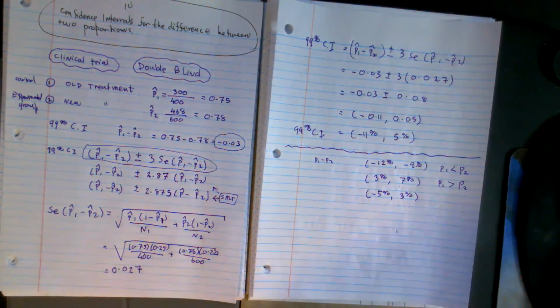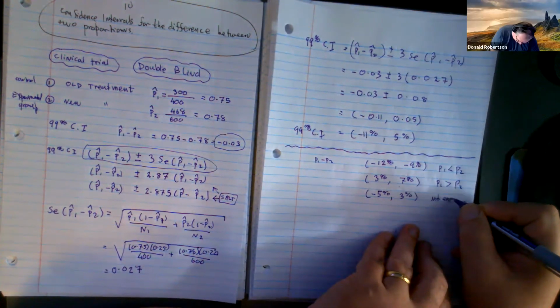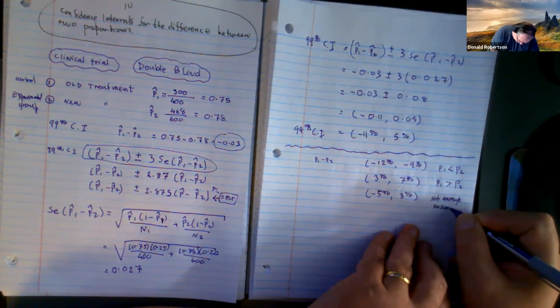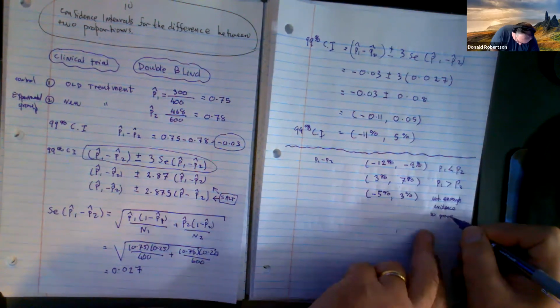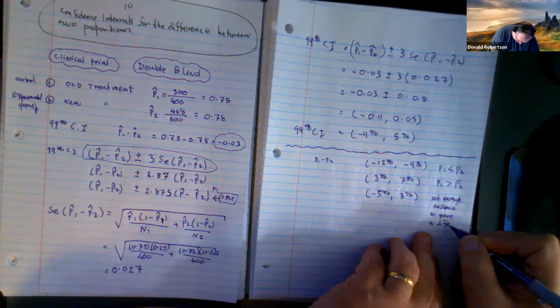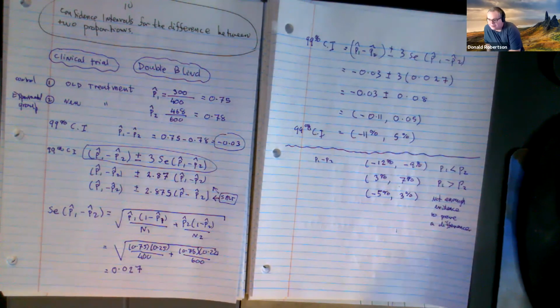That there's not enough evidence to prove that there's a difference. Not enough evidence to prove there's a difference doesn't mean that there isn't a difference. It just means we haven't found evidence to prove it, right? That's essentially all that means.